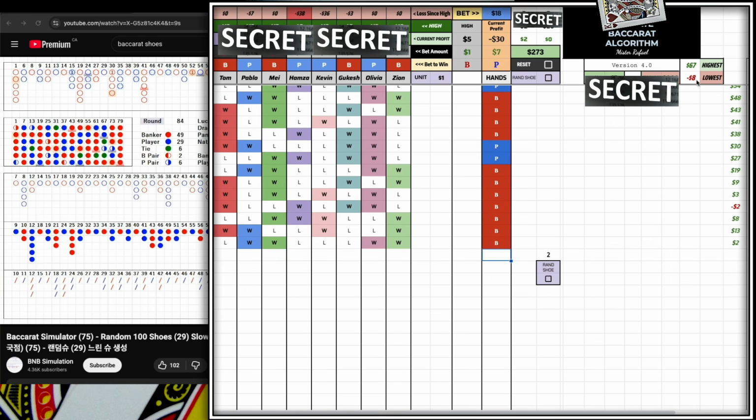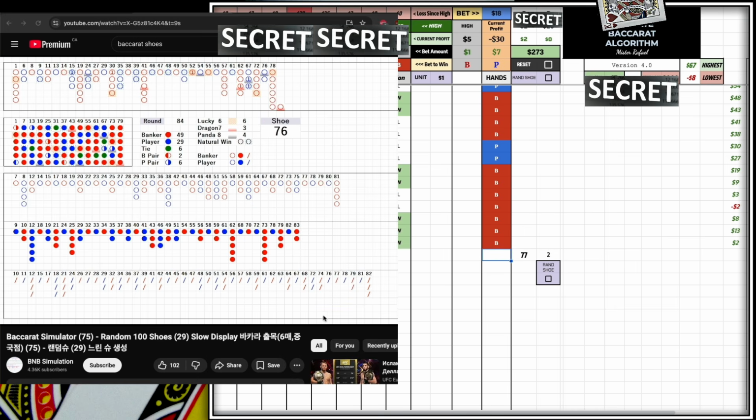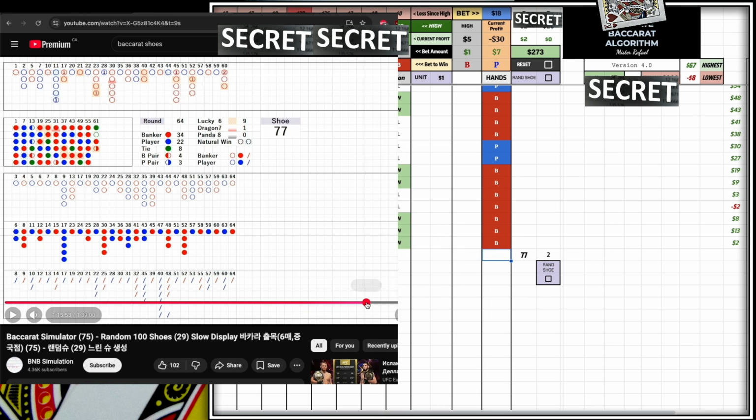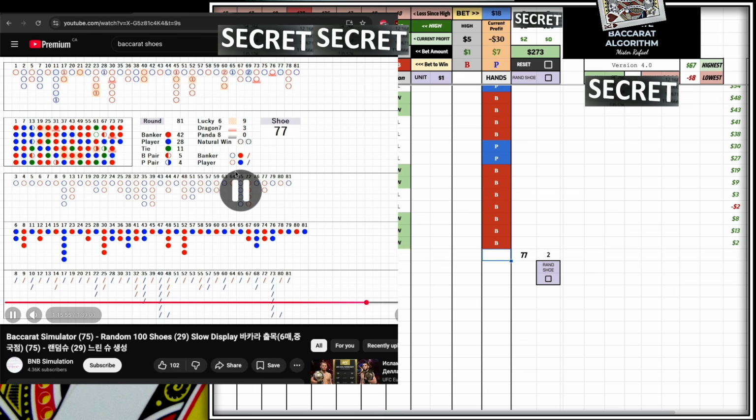Biggest drawdown minus $8. Currently sitting at a $2 profit, with the next bet being $18 on player. 77 will be next. I'm going to skip ahead here. Here we go, shoe 77.